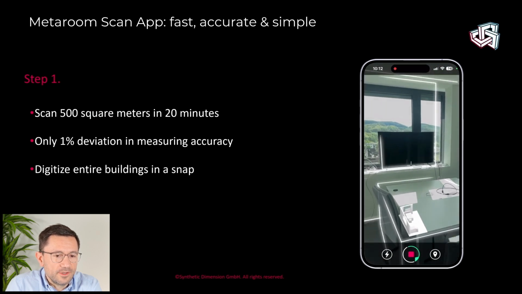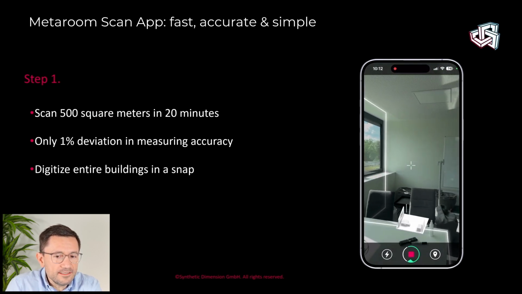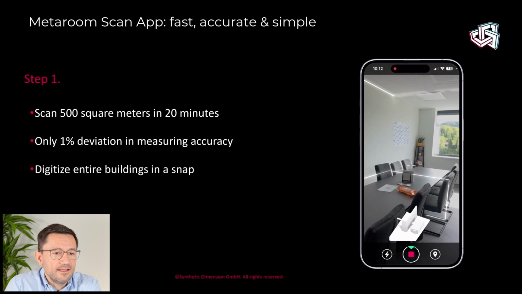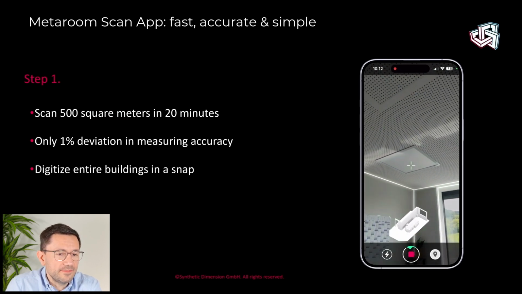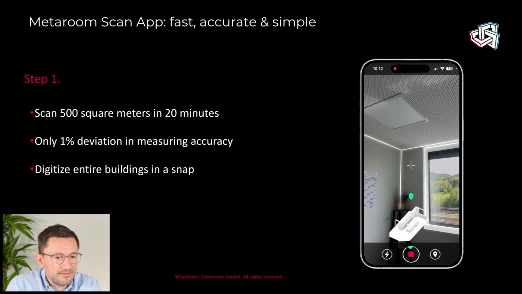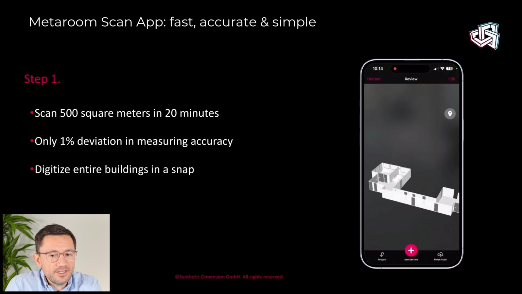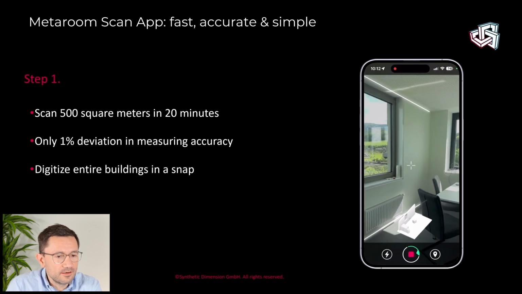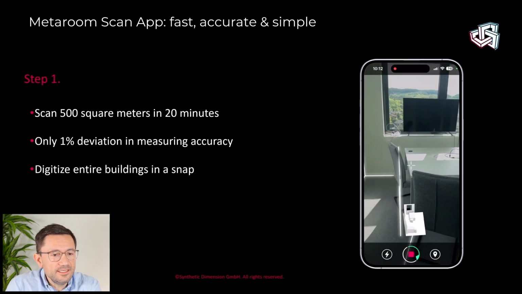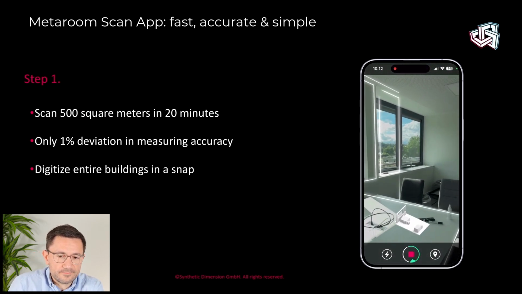This is just a quick overview. You can see here some KPIs like 500 square meters in 20 minutes. The measurement accuracy is at 1% deviation. And you can digitize complete buildings. This means not only a single room, but multiple rooms and even multiple floors.